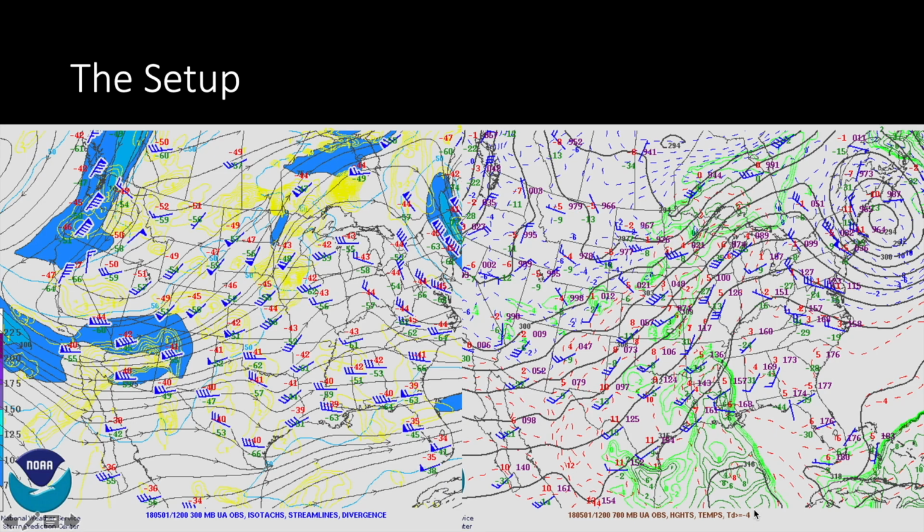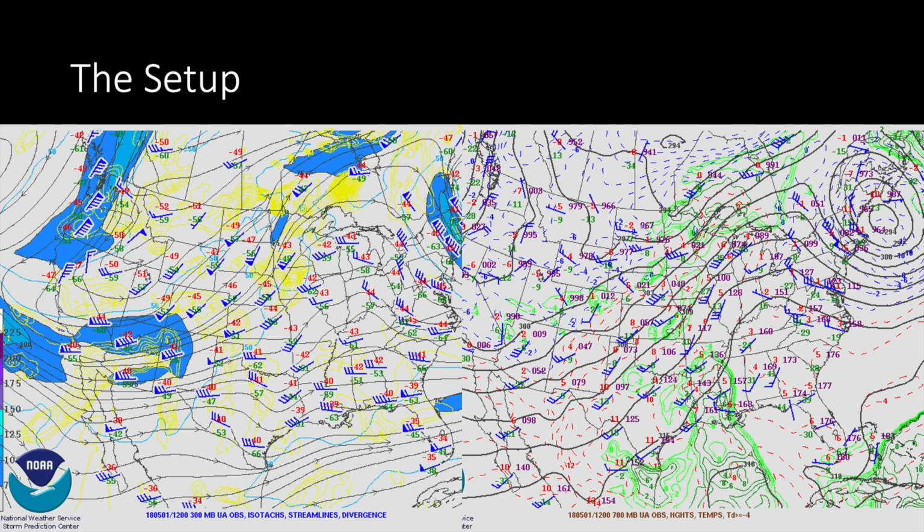So before we get into the nitty-gritty, one of the things that's really helped my forecasting game is being able to understand how the Skew-Ts and the hodographs change over time, how the conditions change in response to all the chaotic things happening in the atmosphere that lead up to a severe weather event.